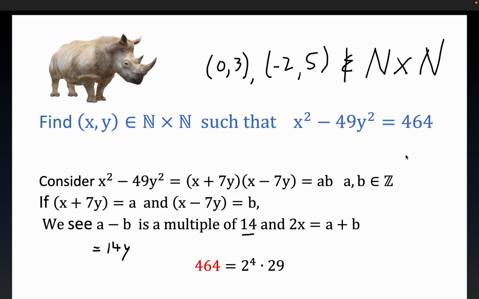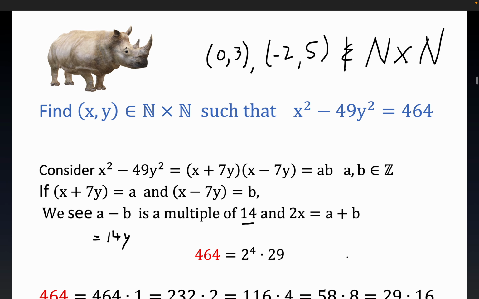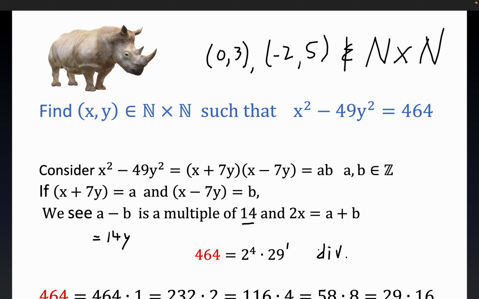Now we'll look at the constant term here, 464. The relationship right here, and this is a very fundamental number theory combinatorics result, the number of divisors: you take the product of each of the exponents, incremented.